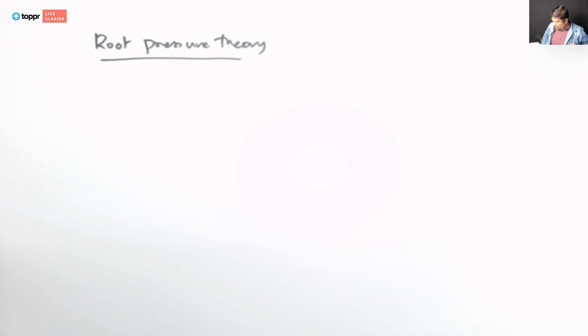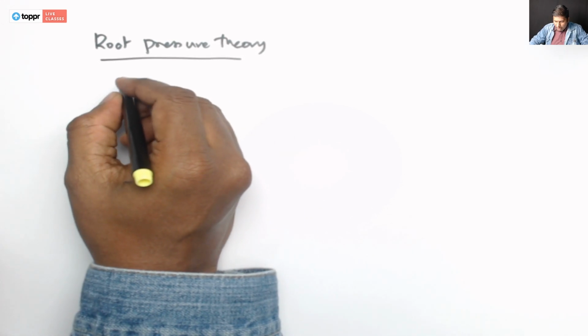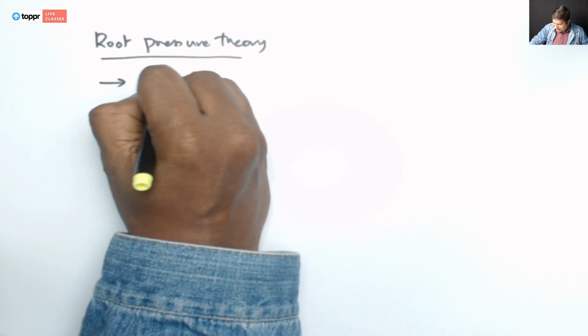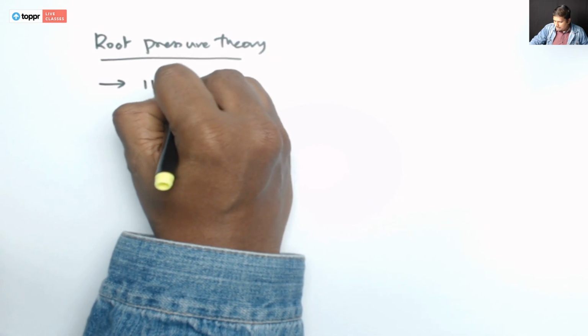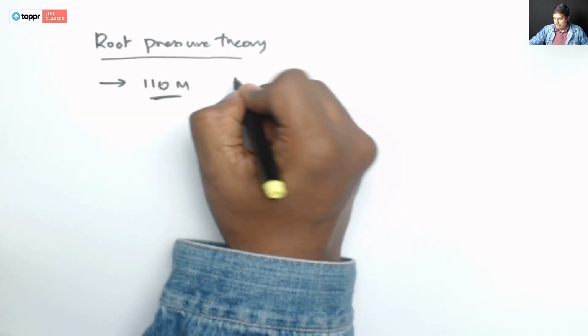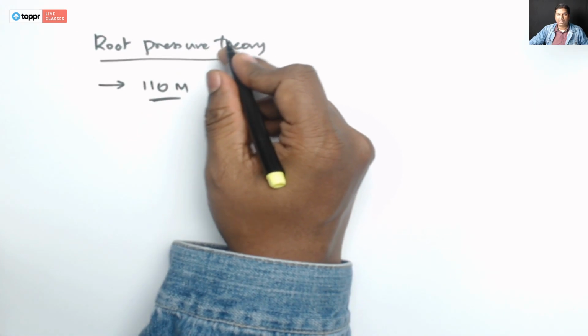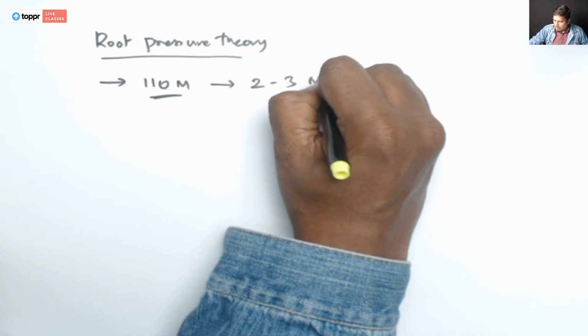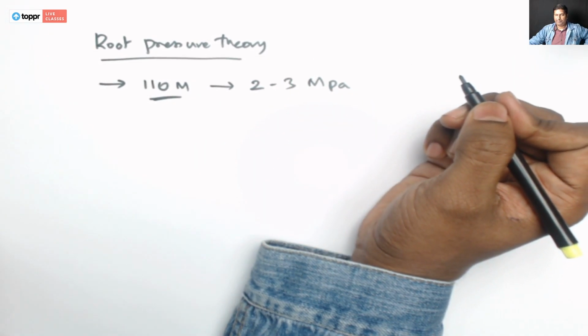What scientists found out is, for the example that we discussed, for let's say a 110 meter plant, if you have to push the water all the way to the top, you need close to 2 to 3 megapascal pressure.